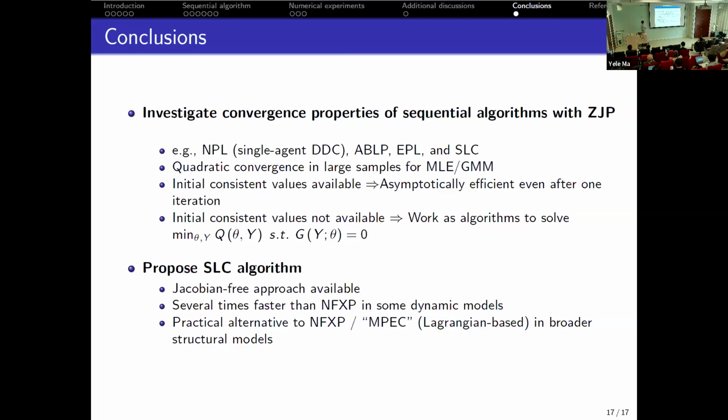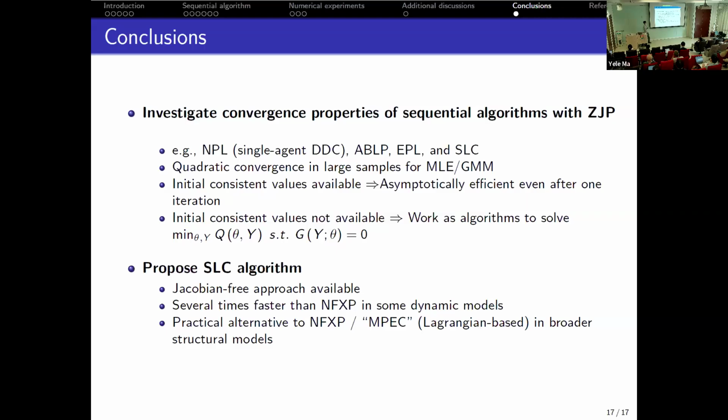So finally, let me conclude. In this study, I have investigated convergence properties of sequential algorithms with GJP, such as NPL, single agent EDC, ABLP, EPL, and SLC. And I show that the algorithm attains a near quadratic convergence in large samples, or in the case of the MLE and GMM.